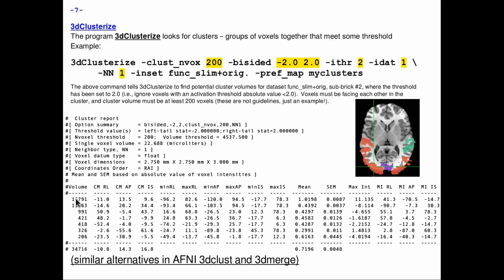So the largest volume cluster is shown first, and then it shows you various things like the center of mass and the ROI coordinates from right to left, anterior to posterior, and inferior to superior. So these are the coordinates here.